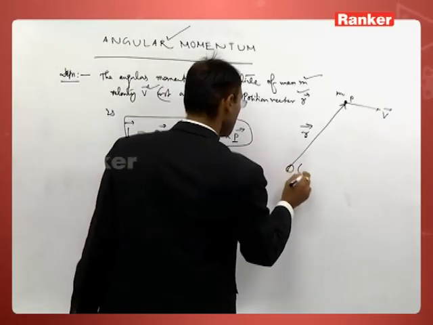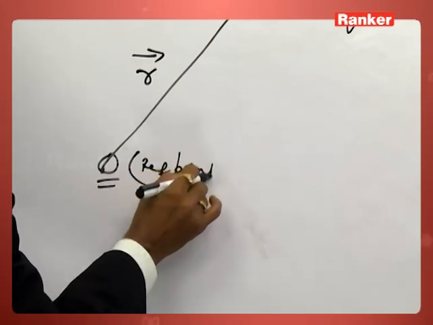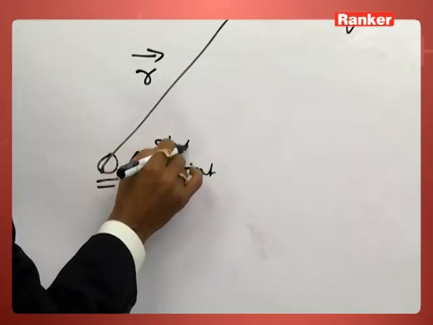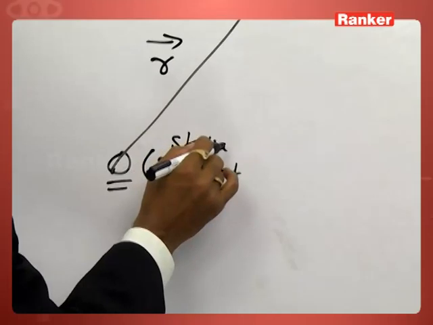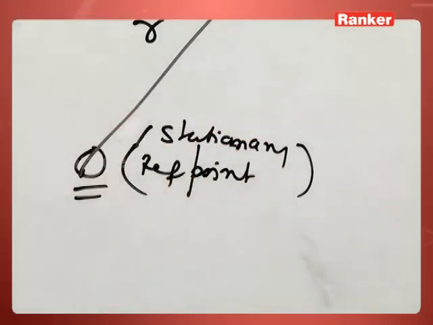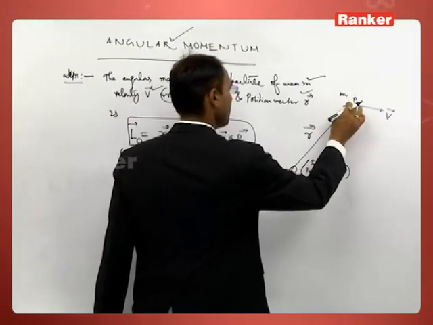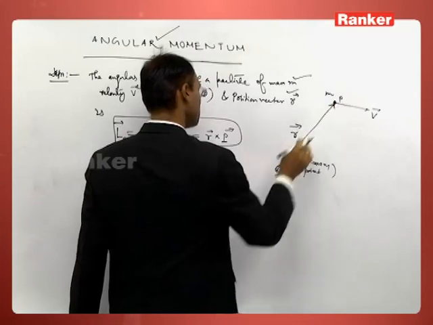For the sake of simplicity, let this reference point be stationary. So the velocity v is the velocity of this point with respect to the ground.